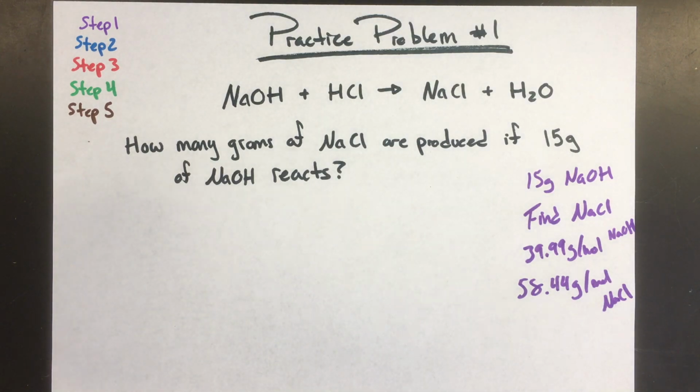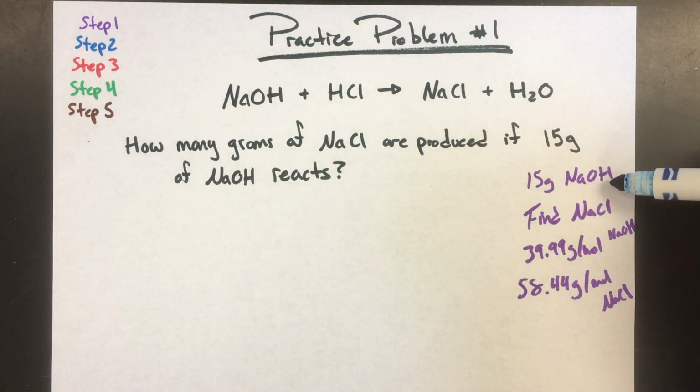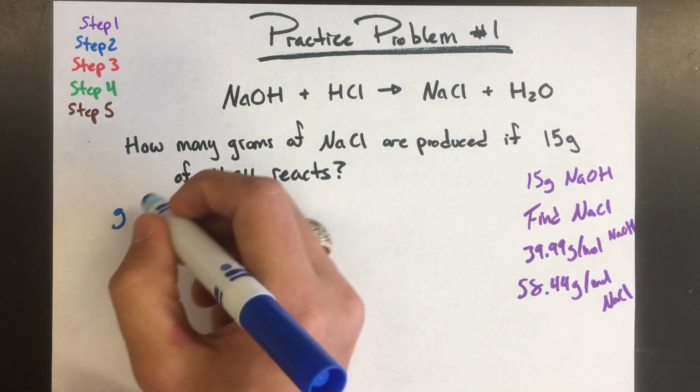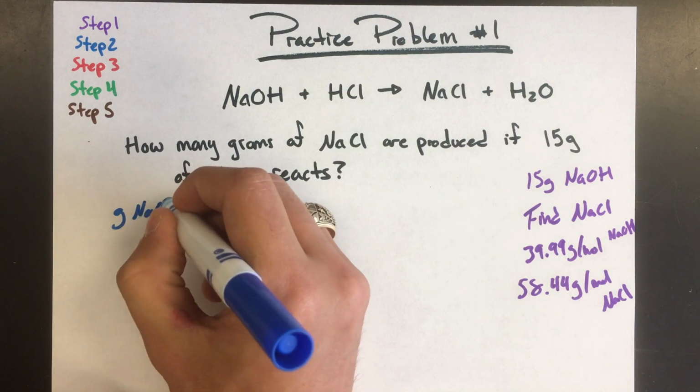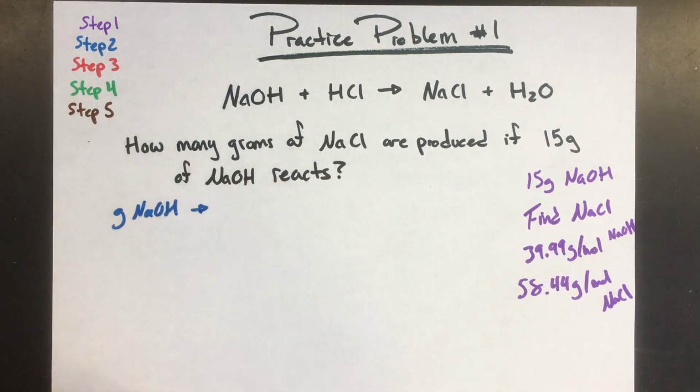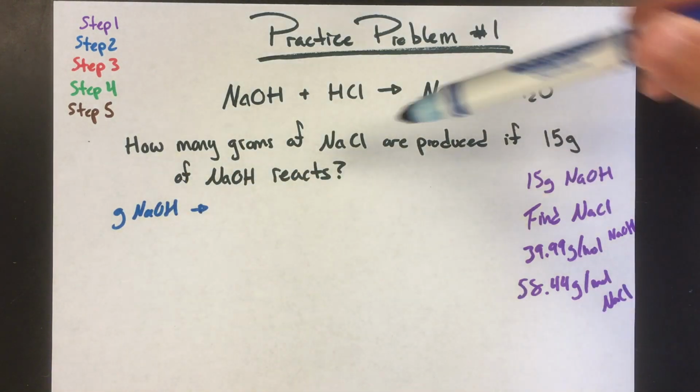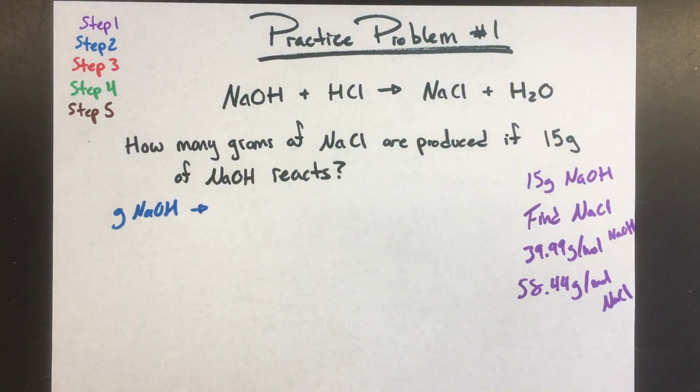Step 2 is to create a conversion roadmap. That means we need to figure out what units we're going to and how to get there. So right now we have grams of sodium hydroxide, and that's it. So we go from grams of NaOH, and we can't go straight to grams of sodium chloride. We have to go to moles first.